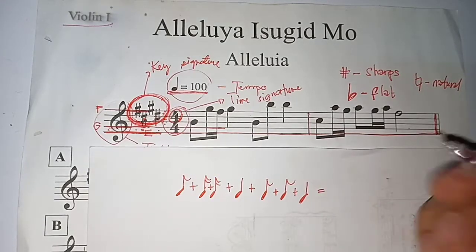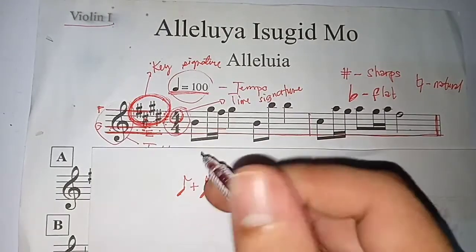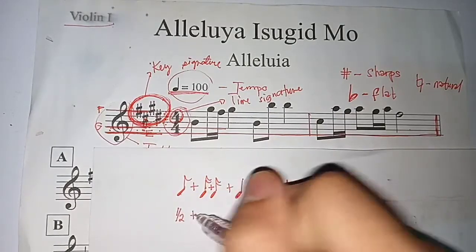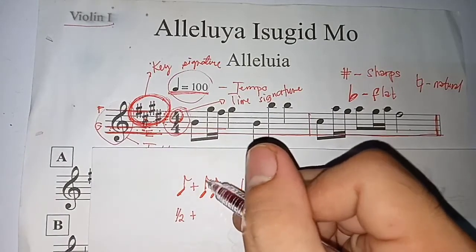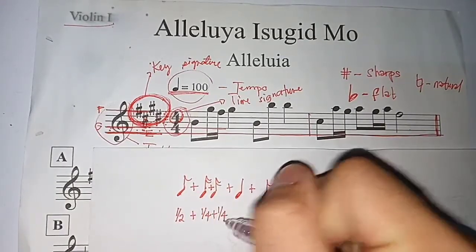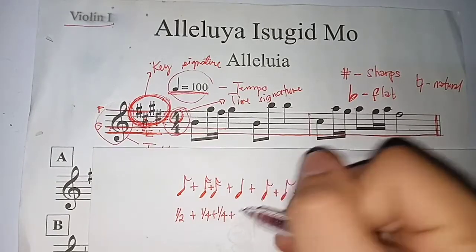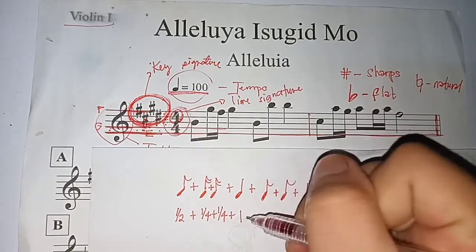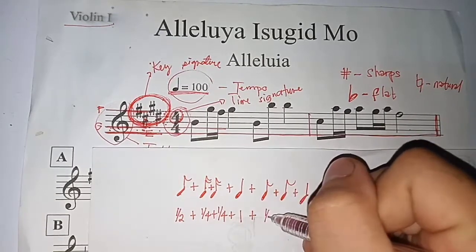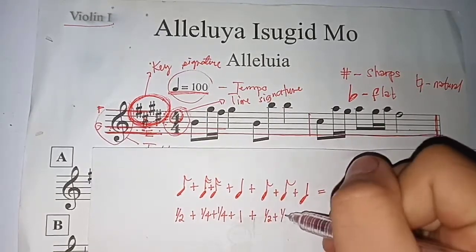So we will add them all. The value of an 8th note is 1/2. Plus the value of the 16th notes, 1/4 plus 1/4. Plus the value of a quarter note, which is 1. Plus 8th notes, 1/2 plus 1/2.